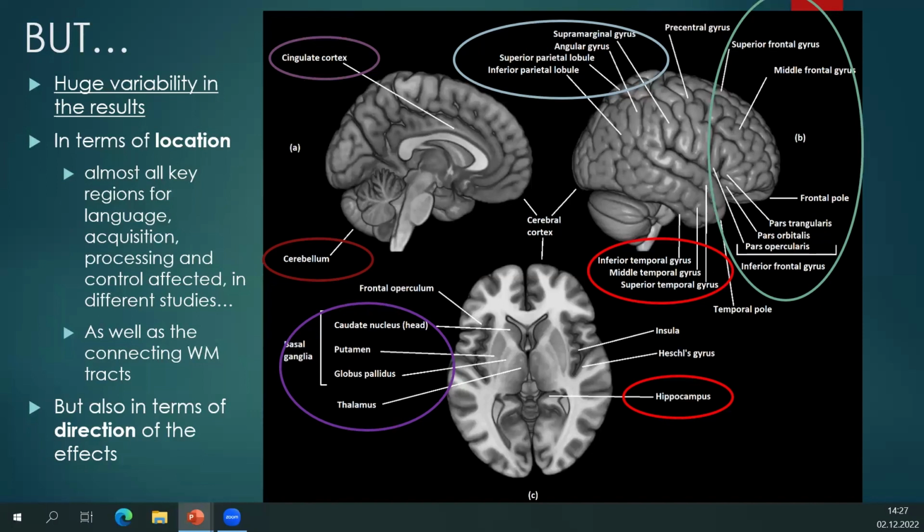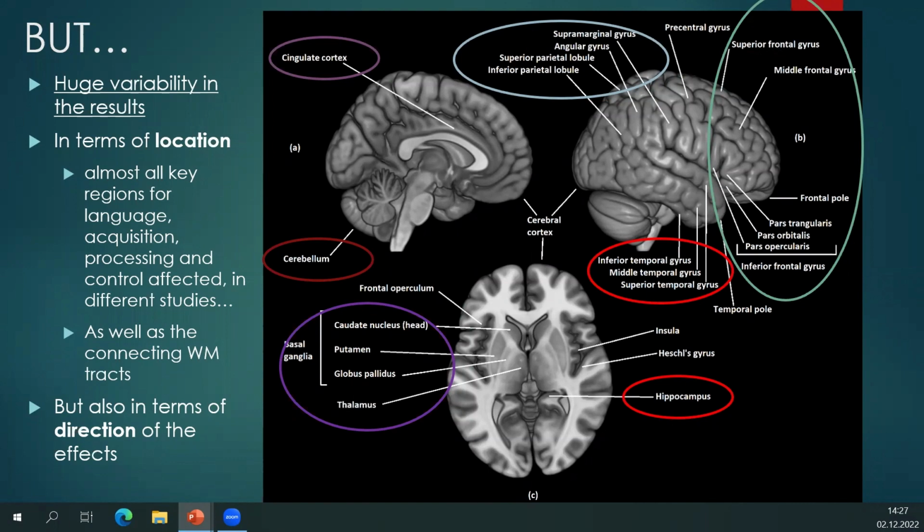not consistently across studies. The same happened with the effect on white matter tracts, which I haven't really marked here, but different parts of the white matter were affected in different studies. Even more confusingly, there was variability in terms of direction of the effect.